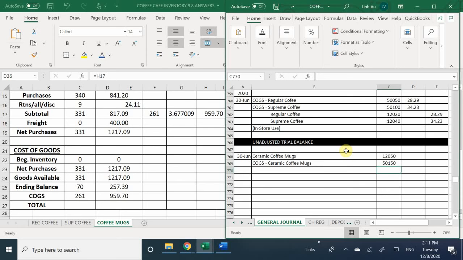Okay, so in this case, we know what our ending inventory is. We know how much out of the 331 cups we're converting. We know 70 of them are going to be in inventory. So what value are you going to place here?